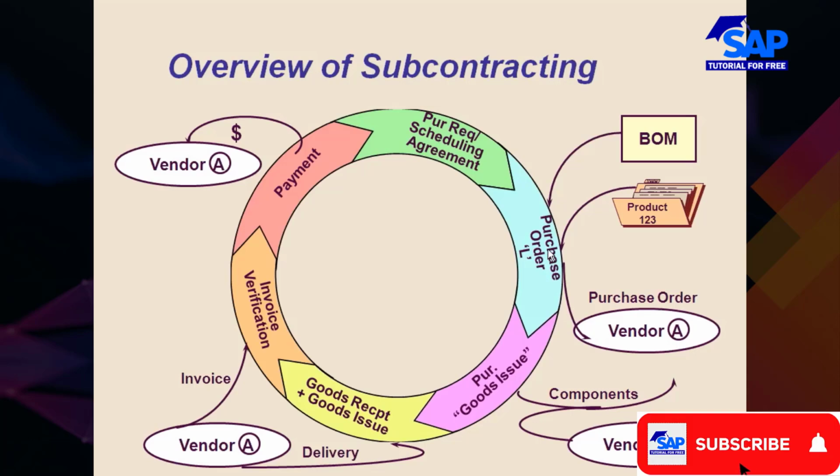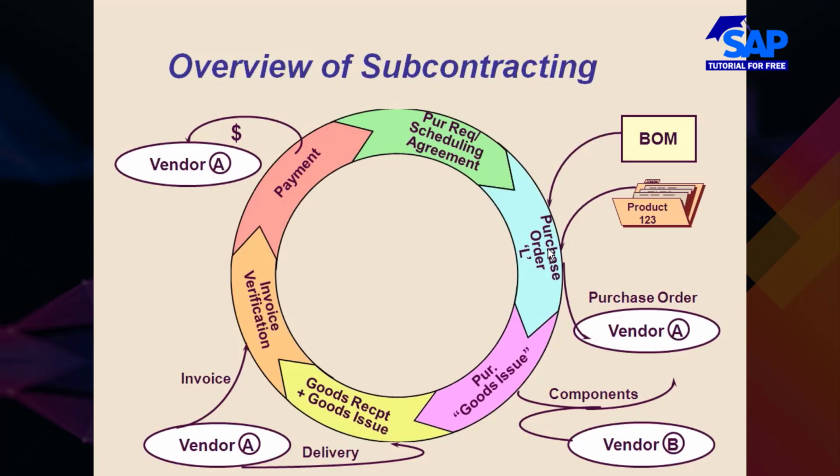You will be creating a purchase order and giving it to the vendor for the services that you are procuring from the vendor. It's not for the entire material, but only the service that you procure from the vendor. Once you create a purchase order, you have to issue the components to the vendor so that he will do value addition or whatever service you are requesting on the components. So you have to do the post goods issue with reference to the purchase order.